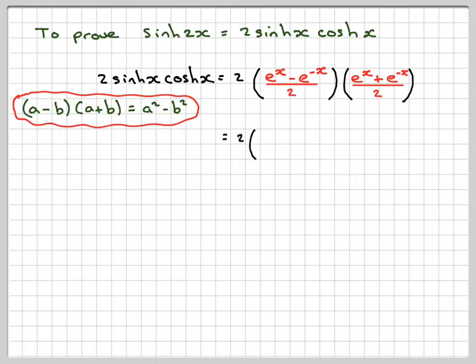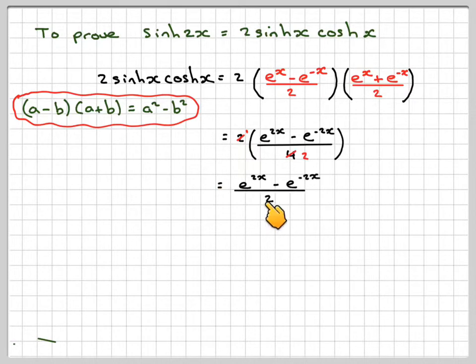So this will be equal to 2 times e to the 2x, because that's what e to the x squared is, minus e to the minus 2x over 4 when you do 2 times 2. And then the 2 and the 4 cancel, so we end up with e to the 2x minus e to the minus 2x over 2, which is the same as sinh of 2x.